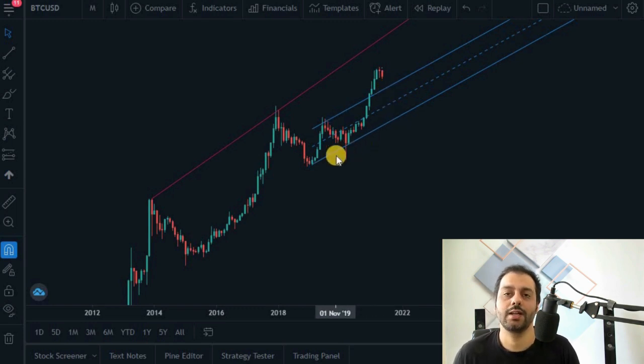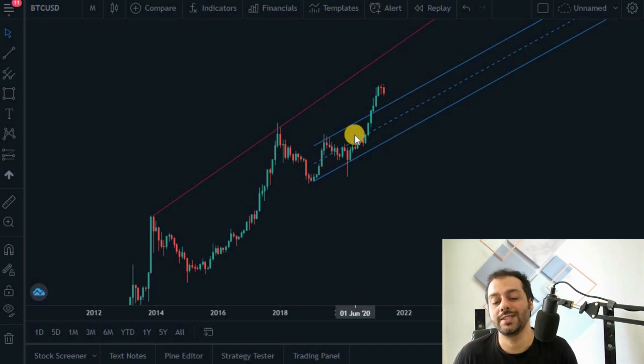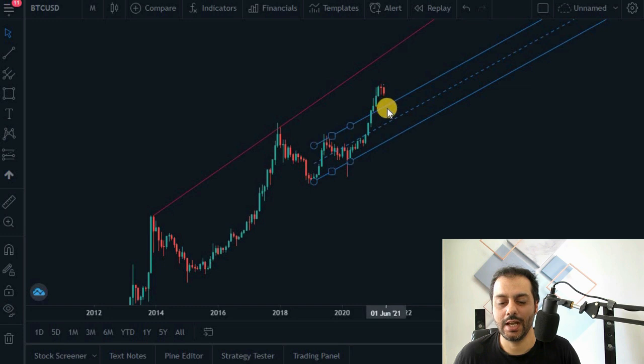It's very unlikely because the size of this wave, the second wave, is almost twice the previous one. In this case, when the price jumps out of the channel and doesn't respect the upper part of the channel in a bullish scenario, the next stoppage is the upper part of the channel.